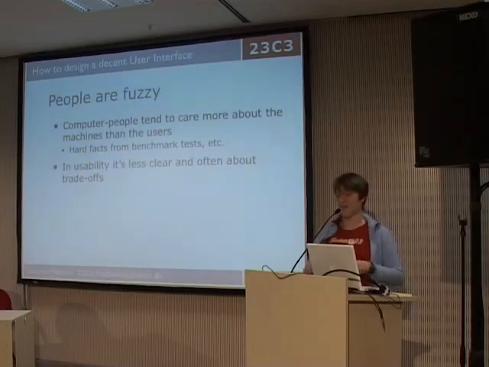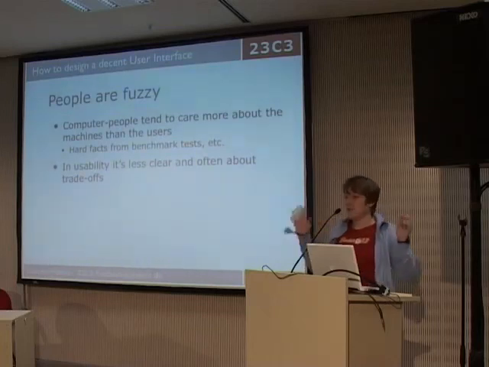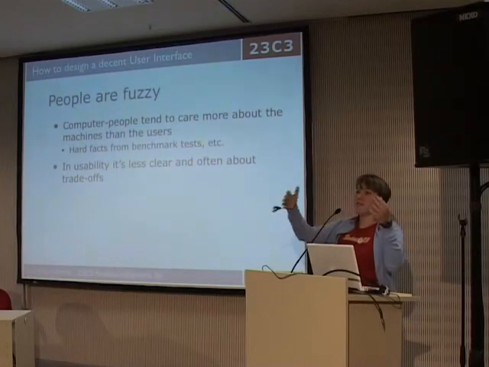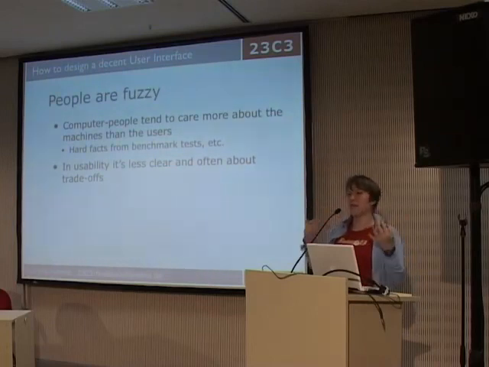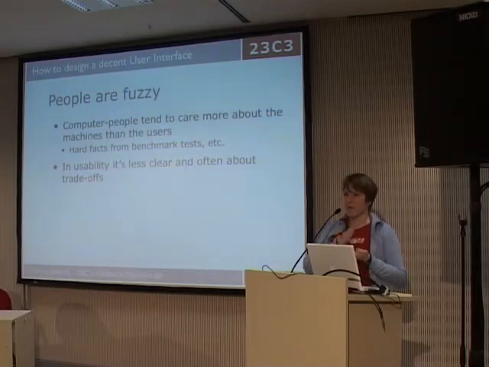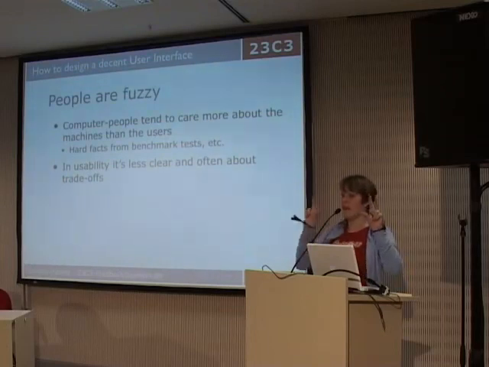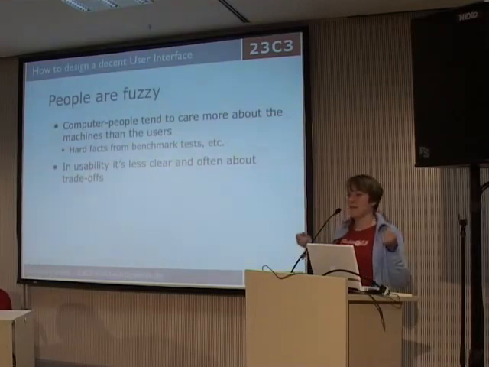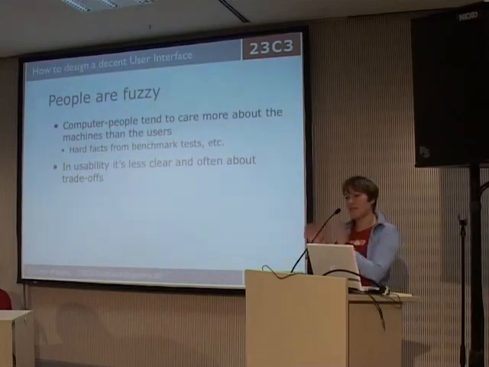Oh yeah, that's a nice one. We as computer people tend to prefer deterministic things, like numbers and facts. I can run a benchmark and then I can say algorithm A is faster than algorithm B. But people are fuzzy. We are not that easily put into categories, and we differ.